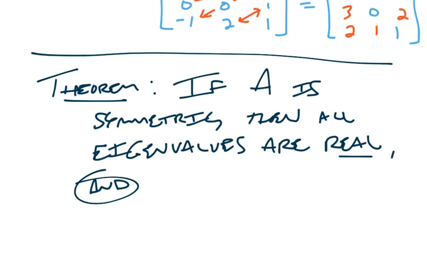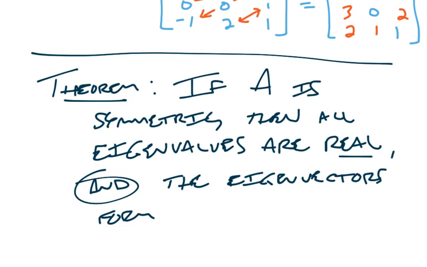And here's really the pinnacle of why these matrices are fantastic. Not only are all the eigenvalues real, but the eigenvectors form an orthogonal set.